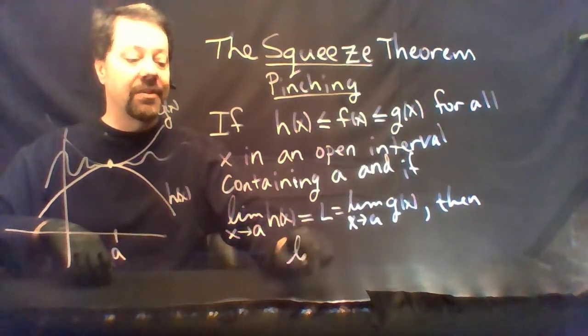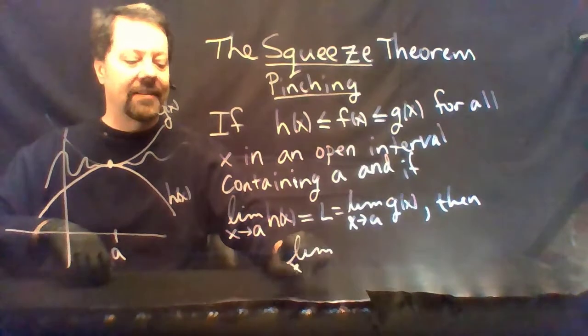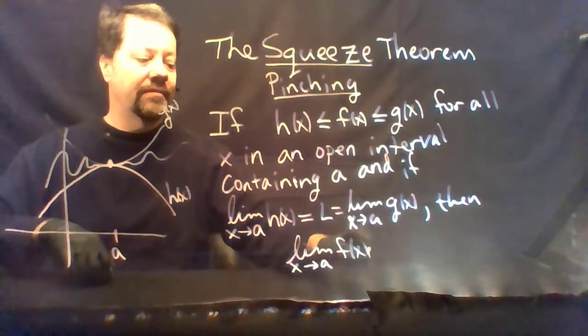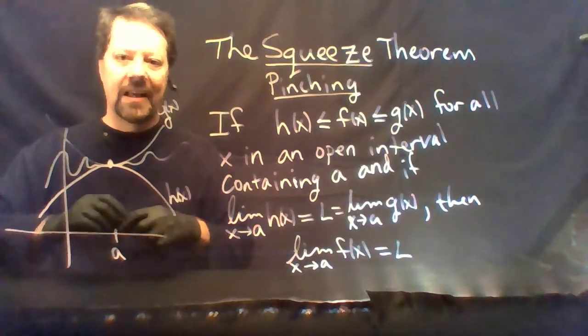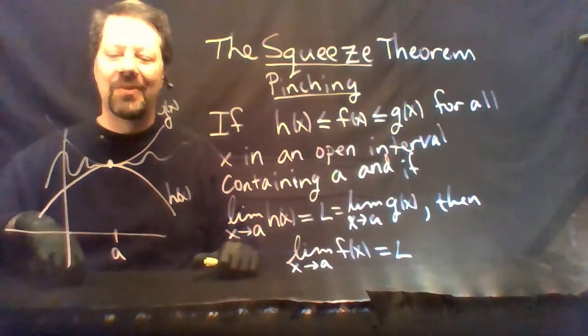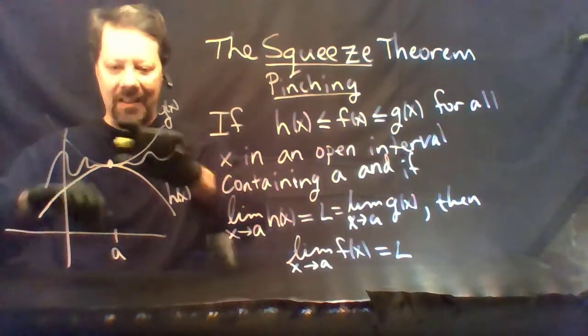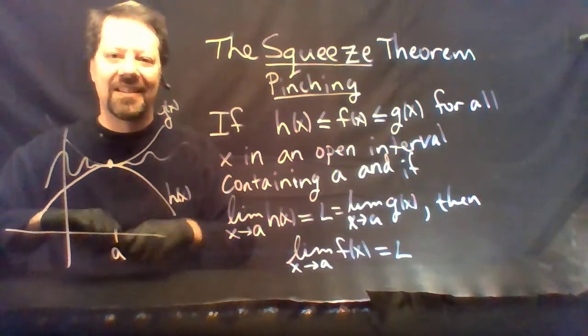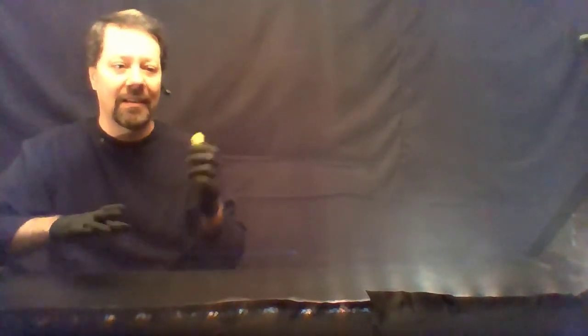Then we may deduce that the limit as x goes to a of f of x must also be L. It gets squeezed in between h and g. It's pinched right there in the middle, so it has to have the same limit. We're going to apply the Squeeze Theorem to prove an important limit that you need to memorize.